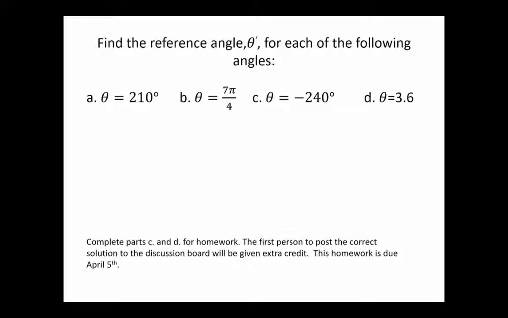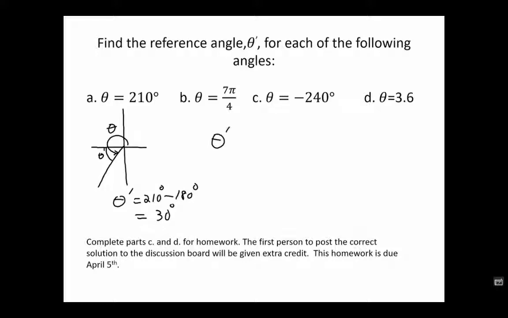So the reference angle, theta prime, is going to be 2 pi minus 7 pi over 4. 2 pi is 8 pi over 4 minus 7 pi over 4. So the reference angle is pi over 4.